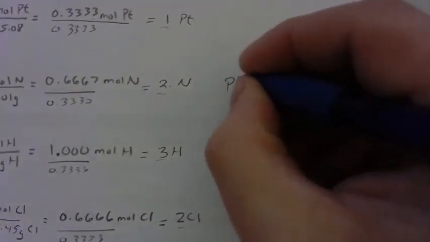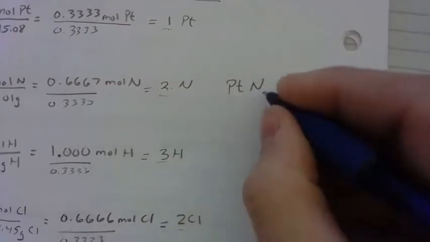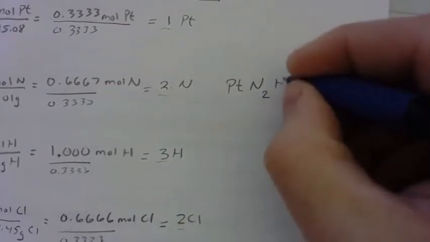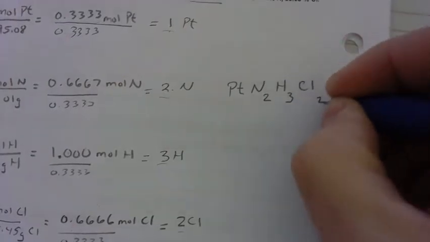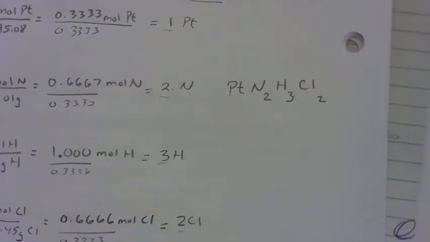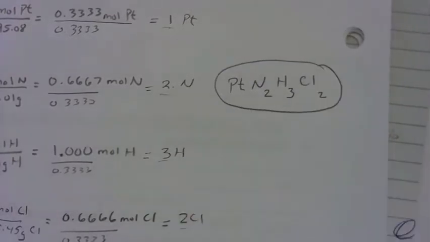But these end up being the subscripts. So I have Pt1, N2, H3, Cl2. And that is the empirical formula for this compound.